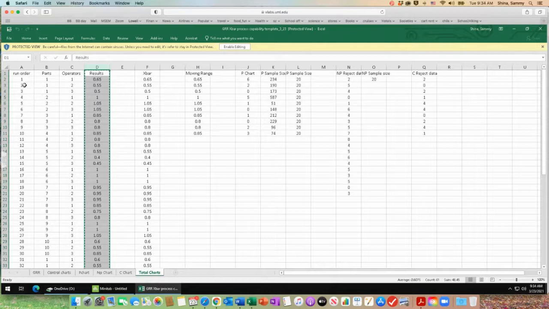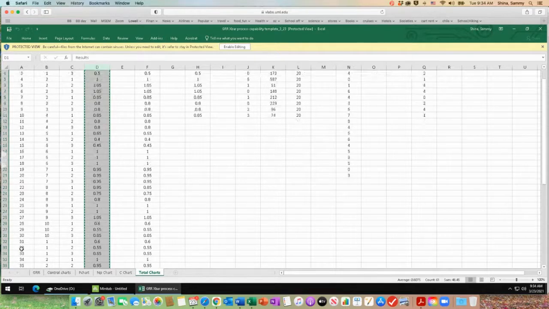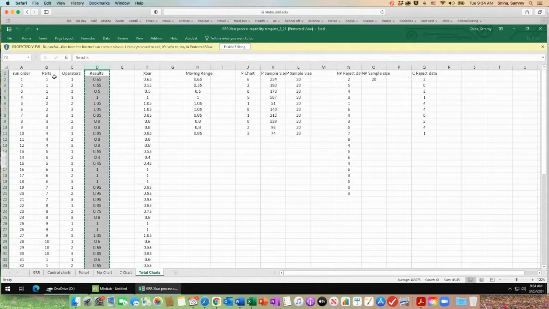And you can see the way it's organized. It's organized by run order from 1 to 60. The parts go this way: three 1s, three 2s, three 3s, three 4s, three 5s, all the way to 10.